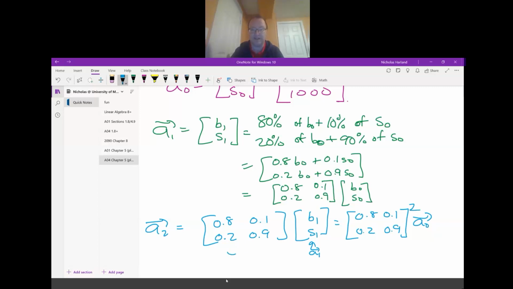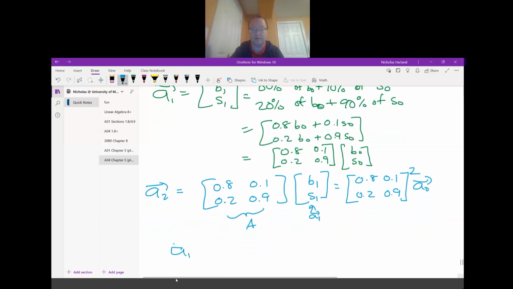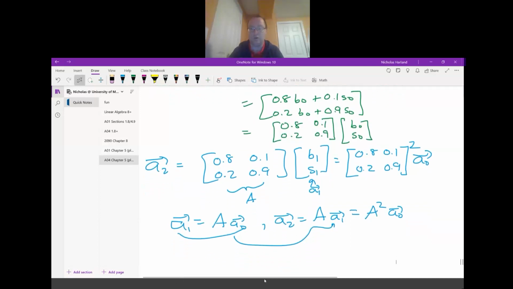So if I call this thing A, A1 is equal to A times A0. A2 is equal to A times A1. But if we plug that in here, that's A squared times A0. What if we found A3? What do you think A3 is going to equal? A cubed times A0.